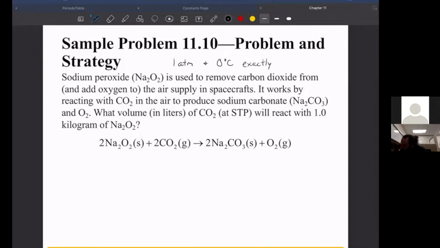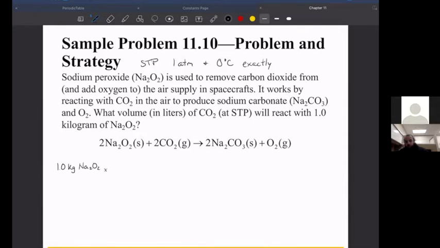Okay, so now I'm going to start out with the quantity that's given, which is the 1.0 kilograms of sodium peroxide. And this is STP. In order to use my balanced chemical equation, I want to get to moles.